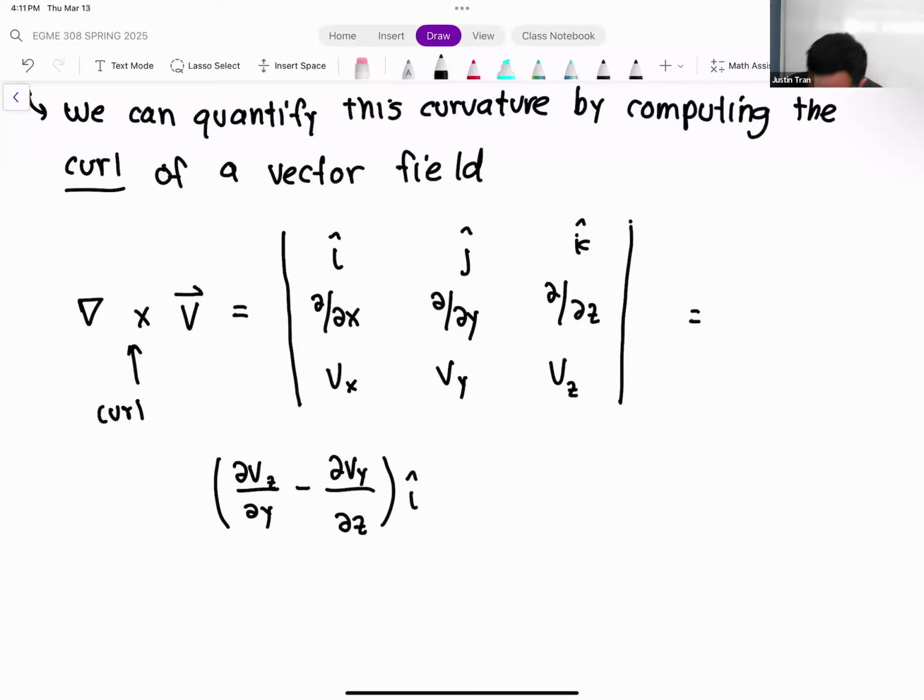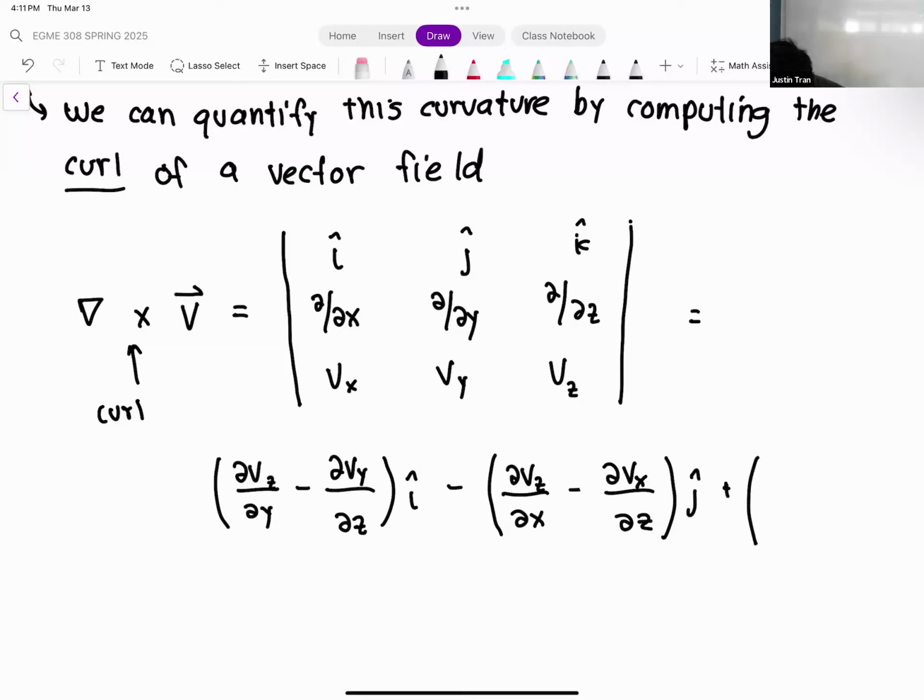That's multiplied by I hat. Minus, partial Vz partial x minus partial Vx partial z. That is the y component. And the z component is partial Vy, excuse me, partial x, minus partial Vx partial y. And that's the k component, or the z component.